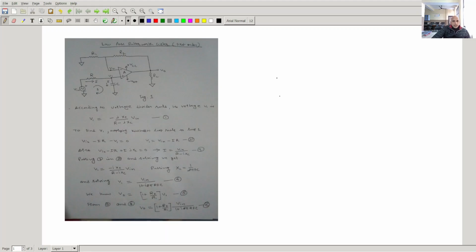So we will discuss this circuit diagram first of all, and then we will derive the expression for the transfer function.